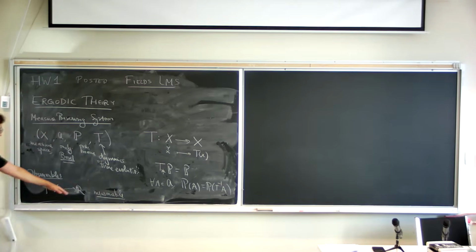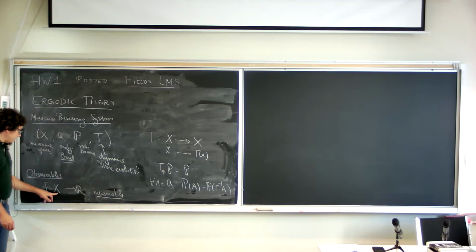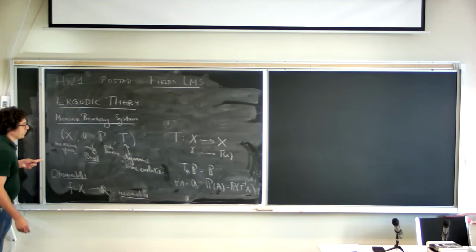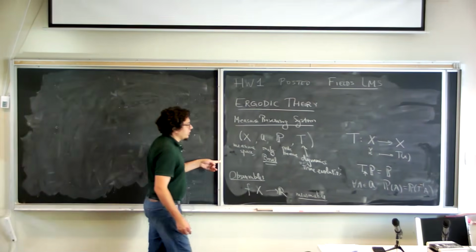So of course, the preimage of a Borel set in R would belong to this sigma algebra. The intuition is that you cannot maybe see the system itself, but you can tell some property of the system. So f of x gives you some number that tells a certain quantity of the state where you are.